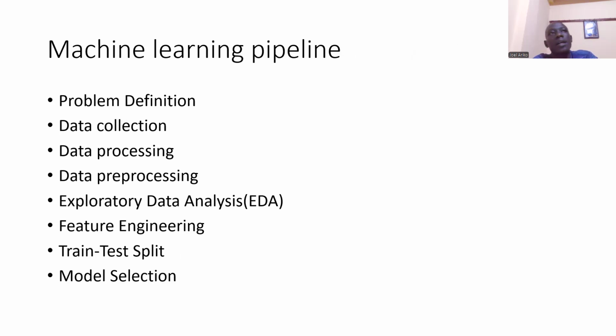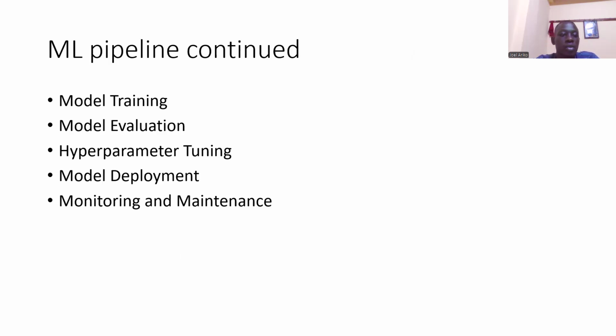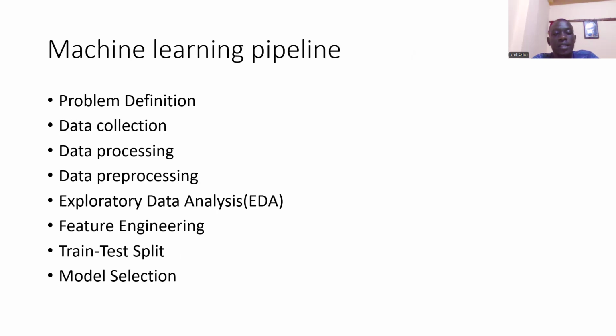All right, then we have the machine learning pipeline, from the problem definition to the monitoring and maintenance. Let's start with the problem definition. In problem definition, you have to clearly state what the model should predict. Then in data collection, you gather the relevant data from data sets, databases, APIs, and so on.